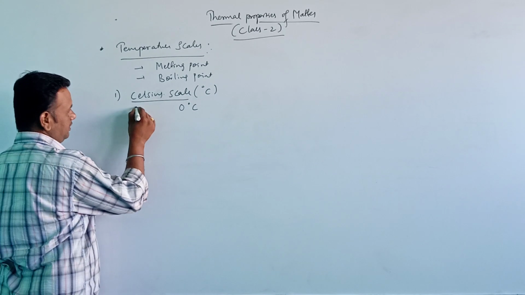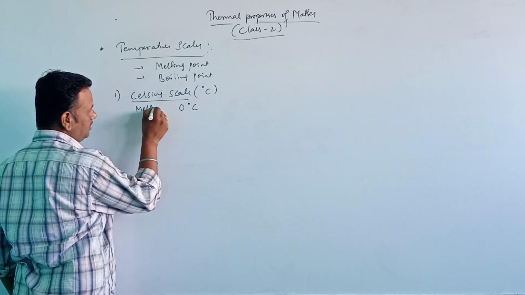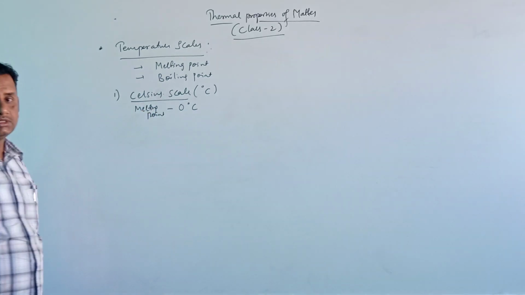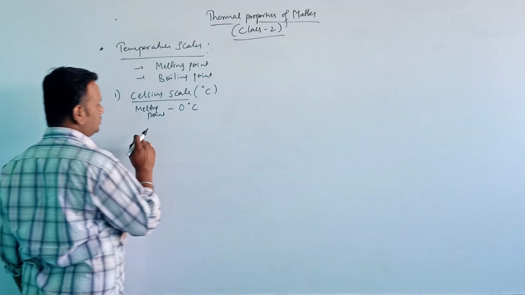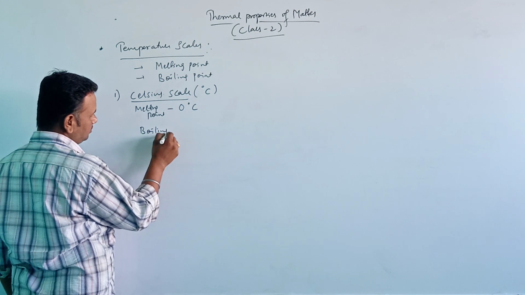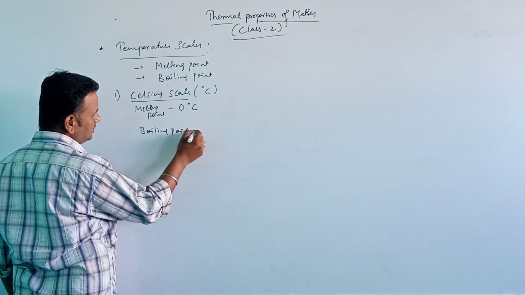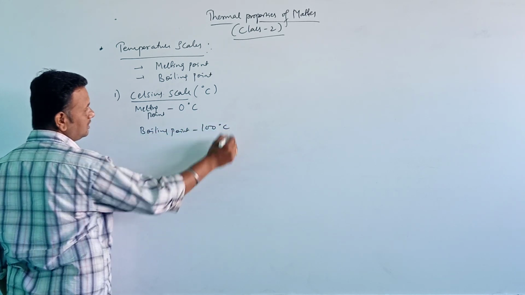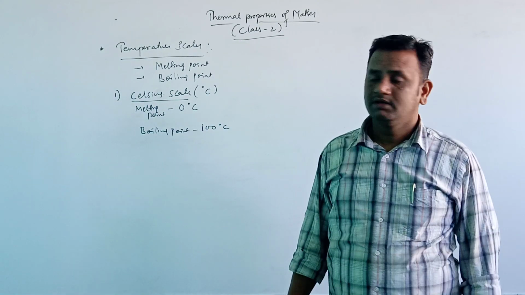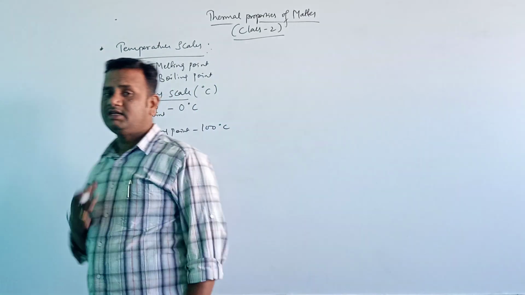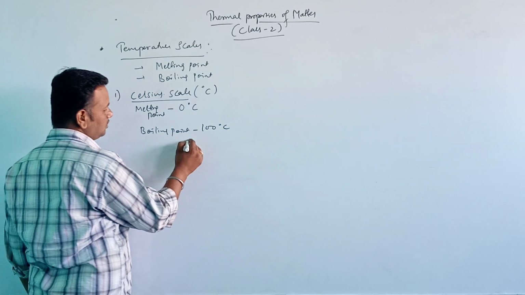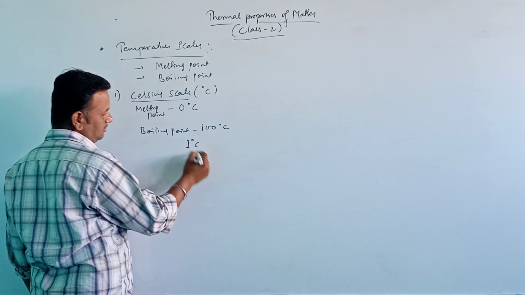This is the melting point. And the boiling point of this scale is 100 degrees Celsius.